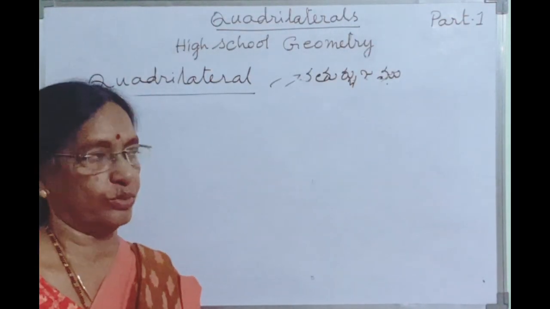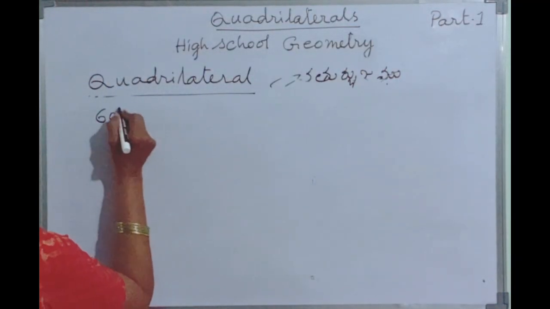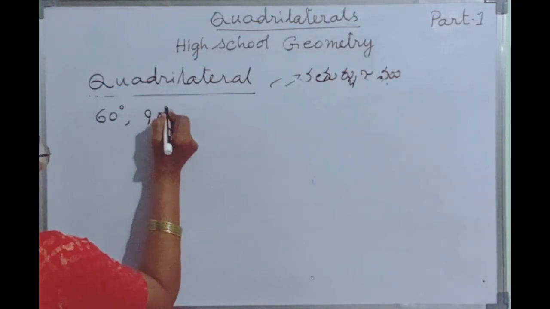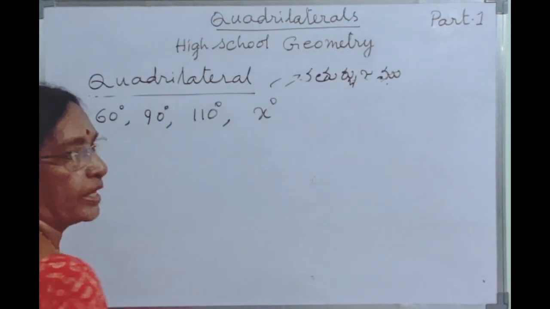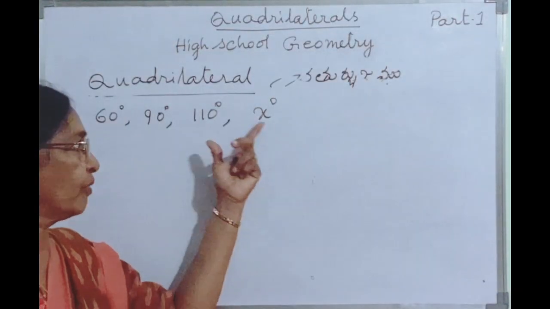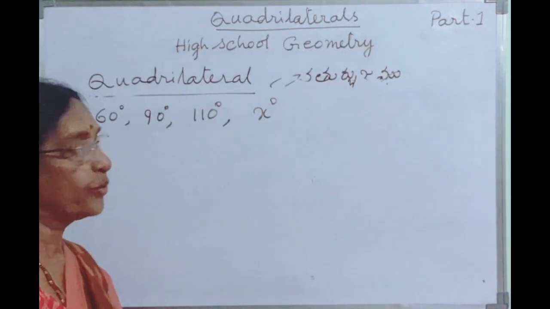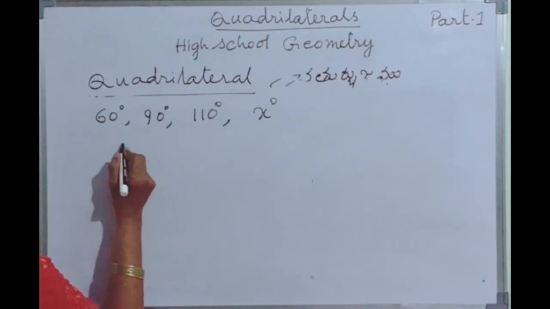Now let's see some examples. The angles of a quadrilateral are 60 degrees, 90 degrees, 110 degrees and x degrees. The four angles of a quadrilateral are given like this. What is the value of x? We know that the sum of the angles of a quadrilateral is 360 degrees.